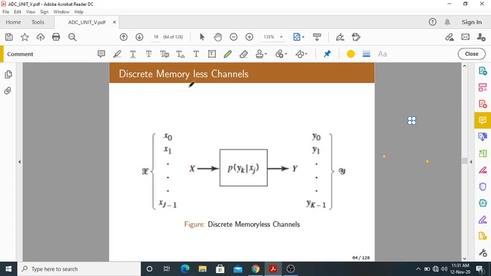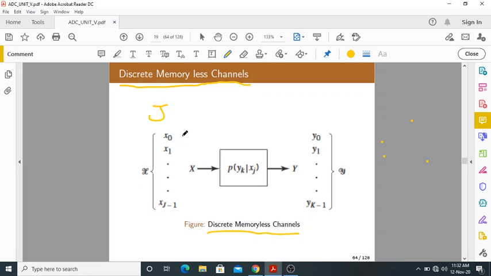Okay. Now, let us move on to discrete memoryless channel. Now here, that is not that much important, but I will try to explain briefly. Now here I have a channel. Input is X, capital X. Output is capital Y. But the capital X takes on capital J values.